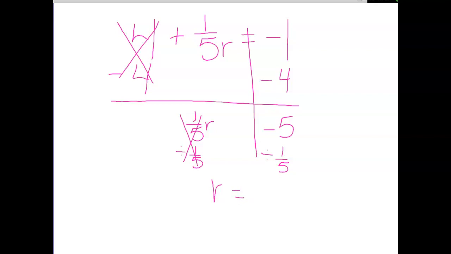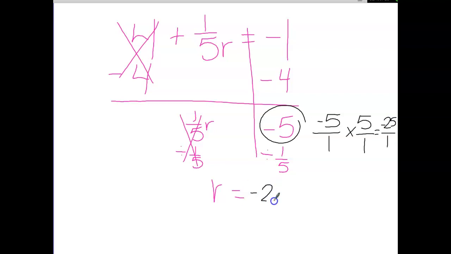So I'm going to keep the first one, -5, and put it over 1. Change division to multiplication, and flip 1/5 to make it 5 over 1. Now I just multiply. I have a -5 times 5 gives me a -25 over 1 times 1, which is 1. So r equals -25. See, fractions weren't so bad.